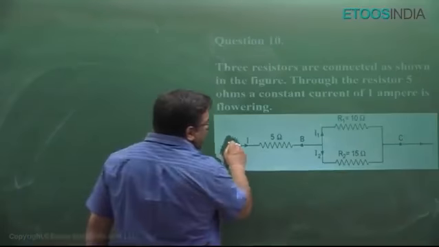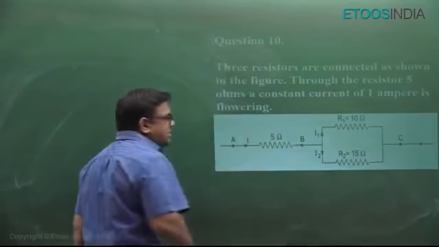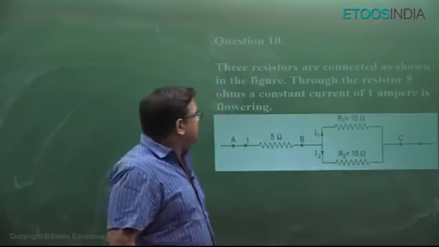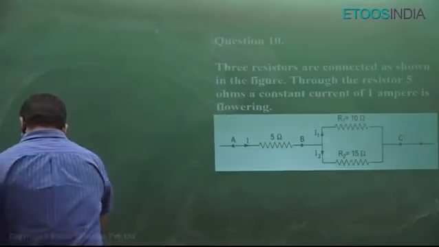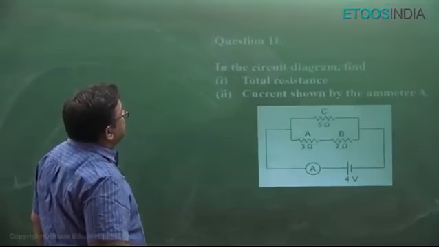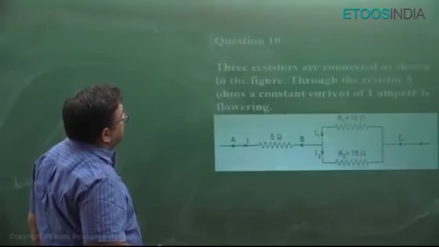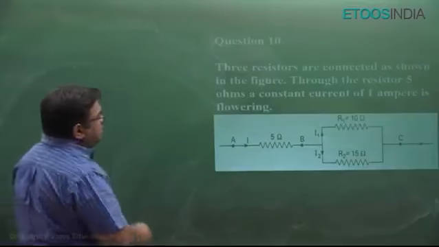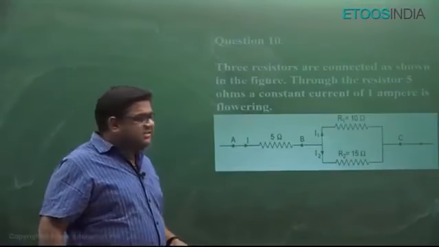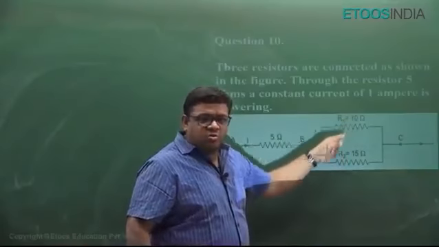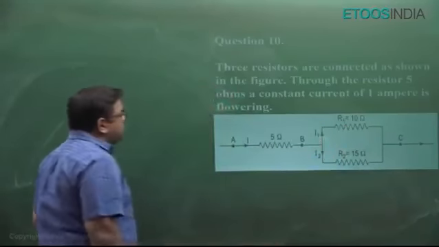That means 1 ampere current is flowing through this resistor, and the total current flowing will also be 1 ampere. What we need to find in this question is the total resistance and the current through each resistor. So we can find that easily.